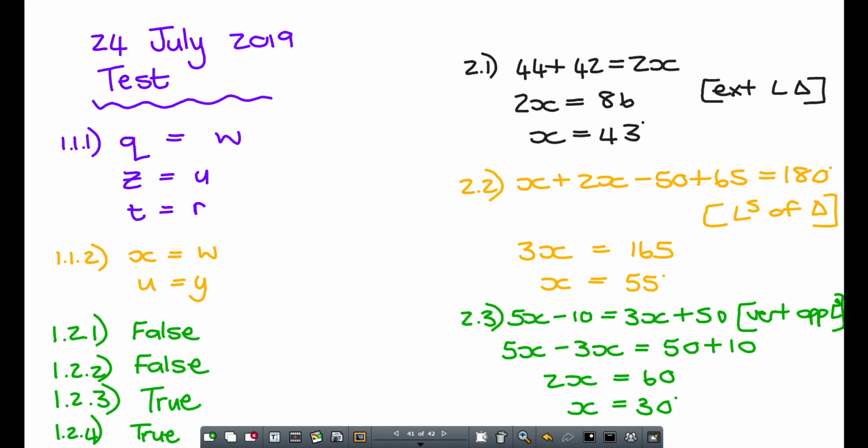Because you would have seen in that project that I handed out that you guys are going to have to do the area and perimeter of your shape.